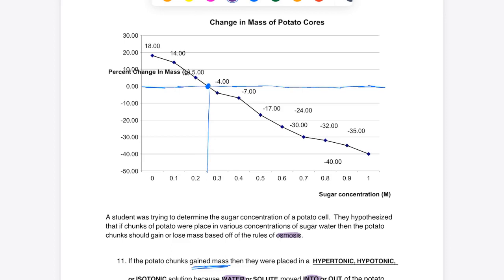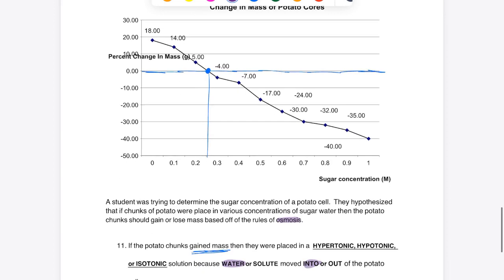And if we think about why water would go into the cell, we can draw a little picture for ourselves here, right? If we have the beaker and we have our little potato chunk, why would water go in? It would go in if the concentration of water outside is high and the concentration of water inside is low.